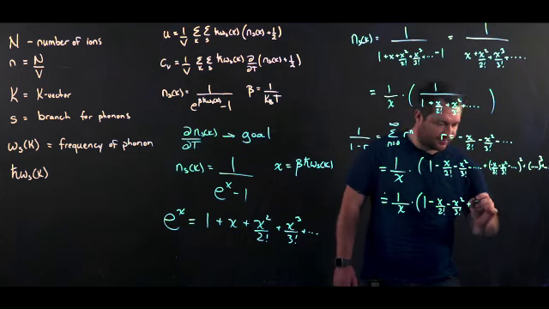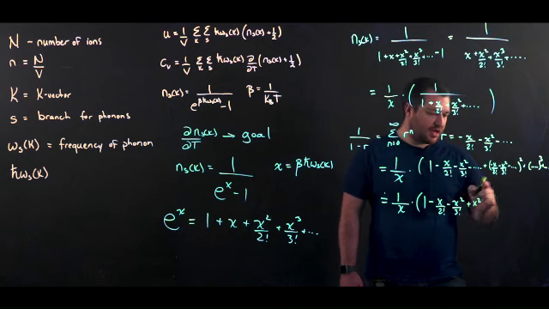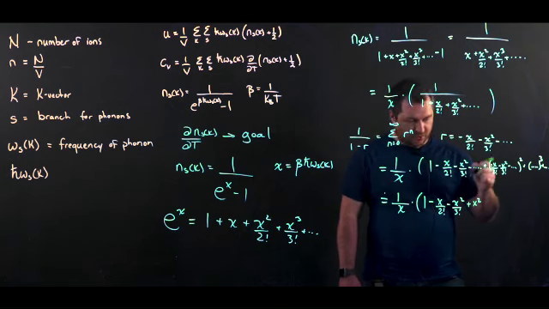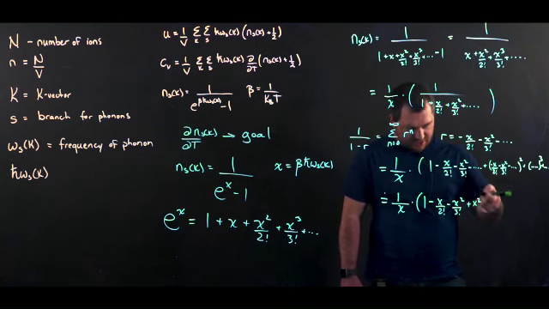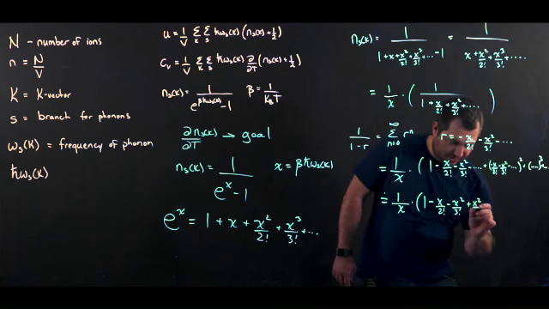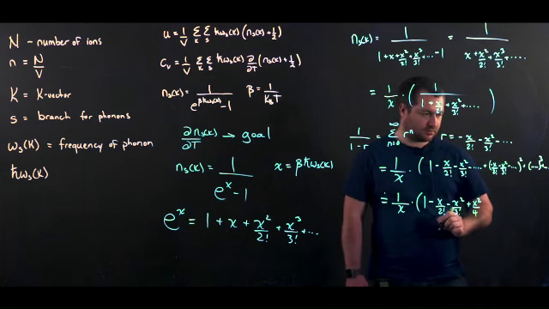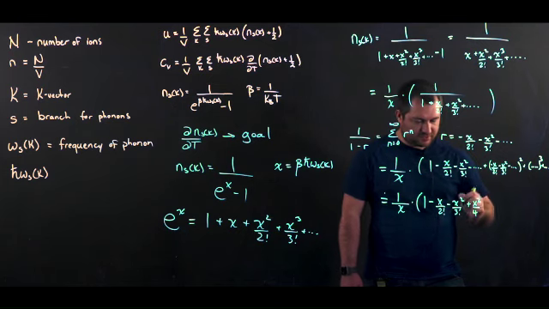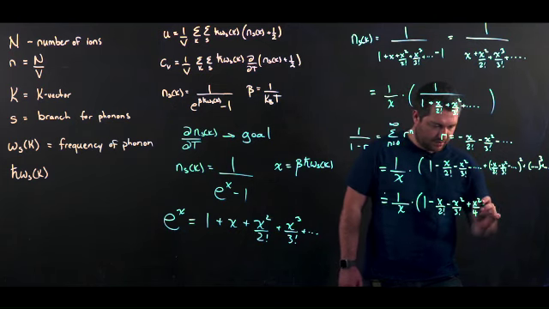So I'm going to get a positive x squared, and 2 factorial is just 2. And 2 squared is 4, so I'm going to get a positive x squared over 4. But everything else is going to be too small to worry about. I have those terms, but they are just too small.